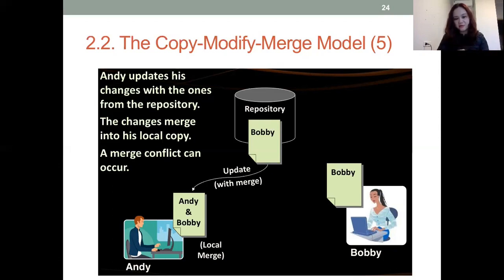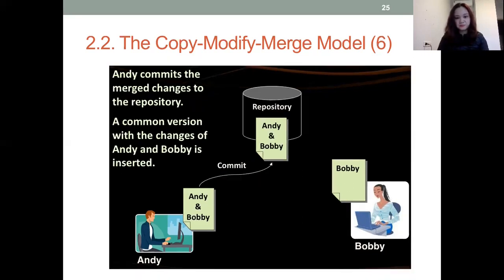But if, for example, Andy deletes this statement, but Bobby edits that statement also, then Andy needs to talk with Bobby or look at the source code to do the merge and decide which version should be used, or maybe do some modification for the merging.